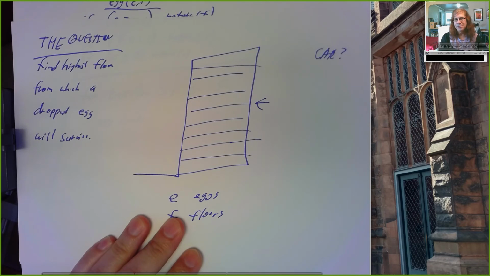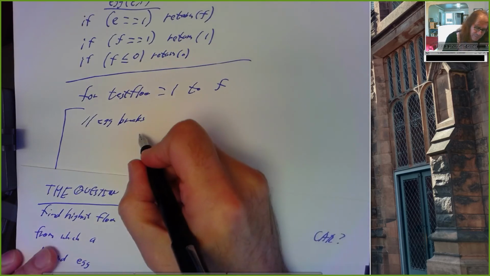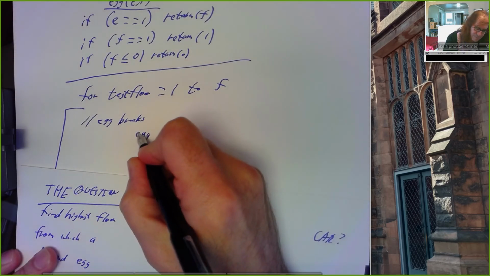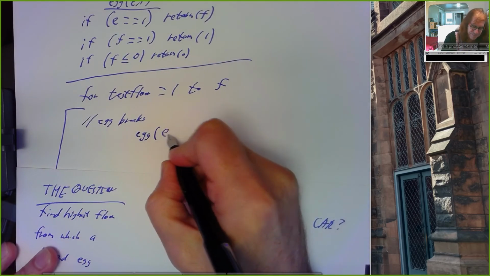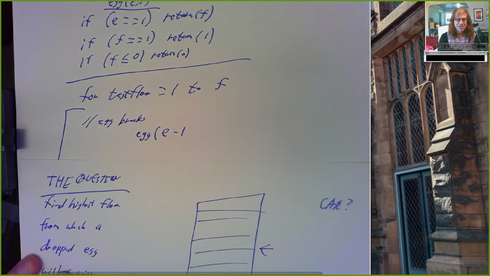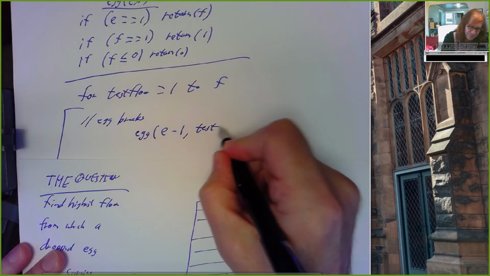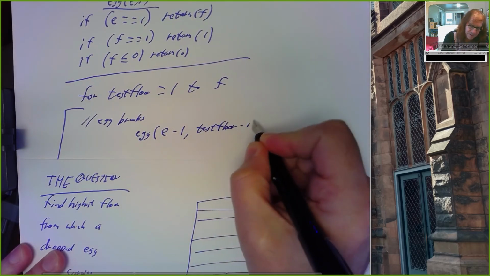So now we have a new question to solve. We have egg minus 1 eggs, because we just lost 1, and we have test floor minus 1 floors.